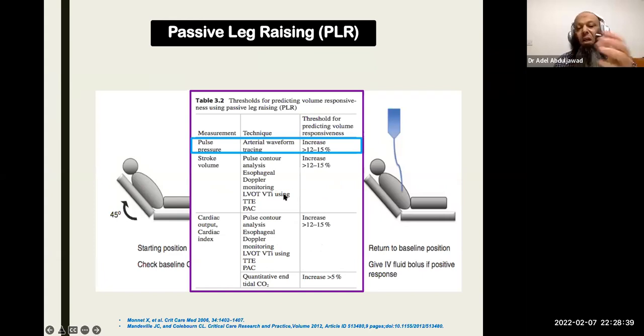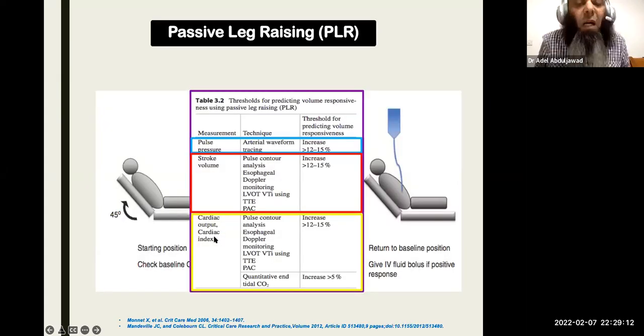Here are the tools you should combine with the passive leg raise. The passive leg raise per se alone is not helpful, but you have to combine the PLR with one of these tools, which is the pulse pressure waveform of the arterial tracing, the stroke volume variation through the pulse contour analysis, or esophageal Doppler, or LVOT VTI using the transthoracic echo, or the cardiac output, cardiac indices, also through the pulse contour analysis, esophageal Doppler or the VTI.